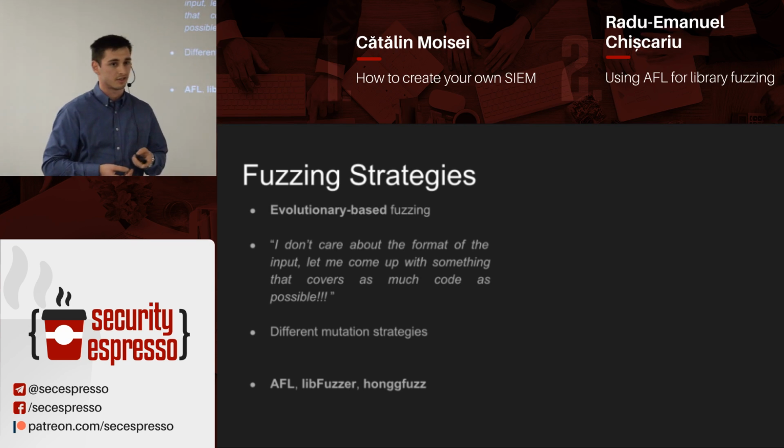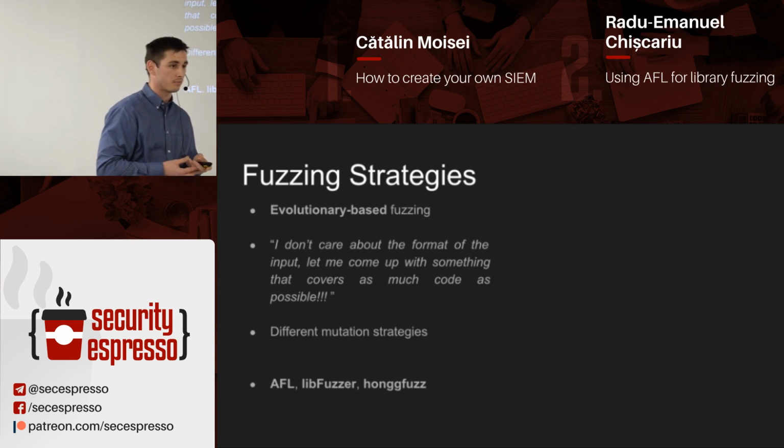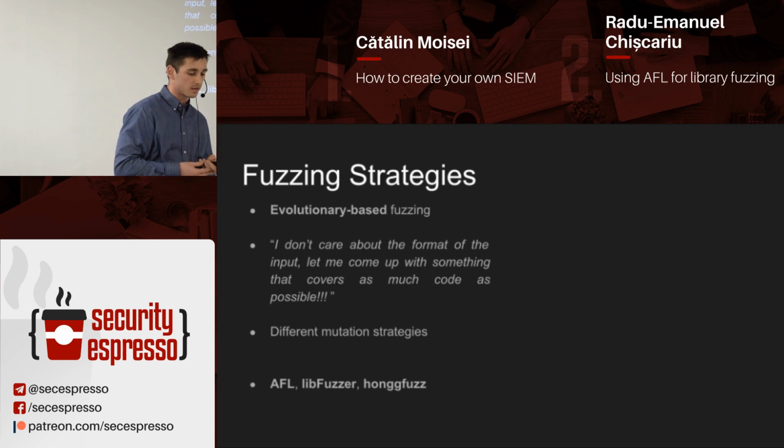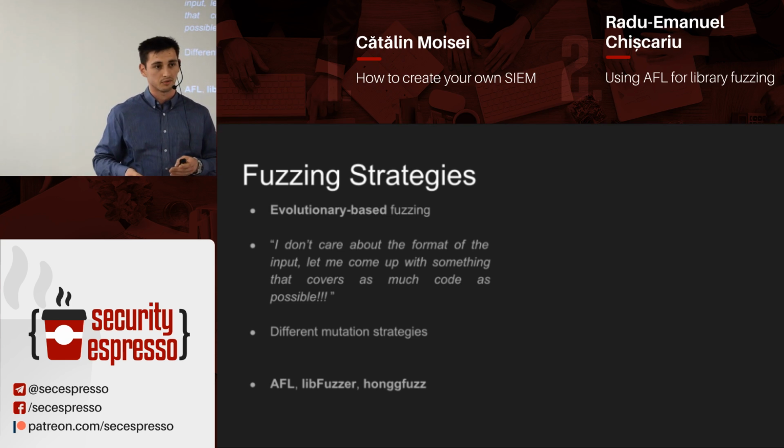So how fuzzing actually works: if we have an application that accepts an input and does some kind of conversion and parsing of that input, then with evolutionary-based fuzzing, we will be pretty much oblivious of the file format, and we will just try to come up with it along the way, so to speak.